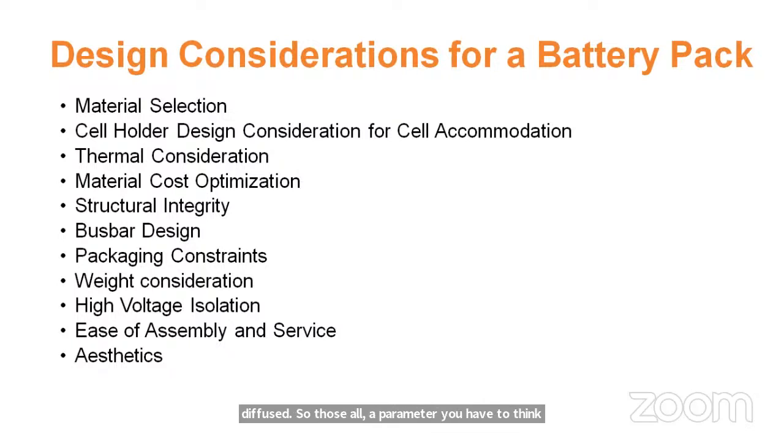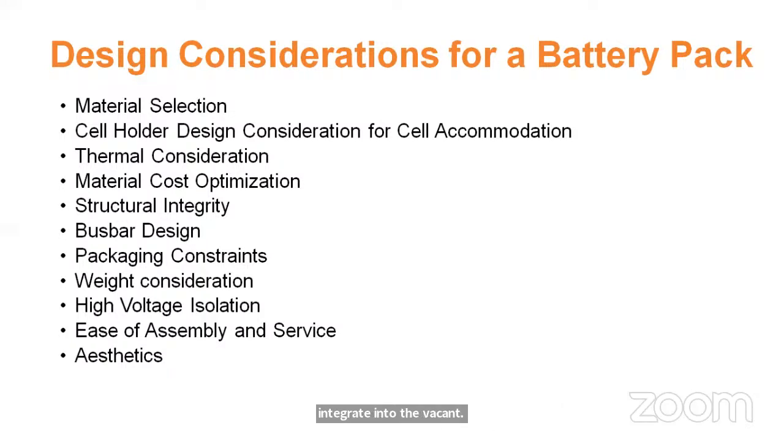Design consideration: packaging constraints. Whenever, as an engineer, we design any product, there are always packaging constraints. You can't just design any length, width and height, and then integrate the battery pack into the vehicle. That would not be possible.